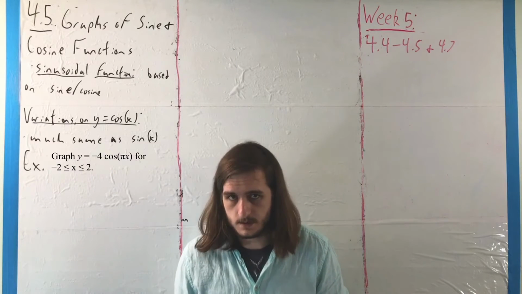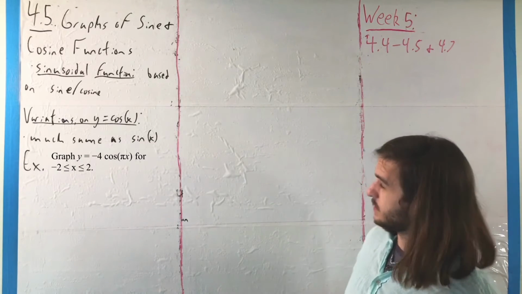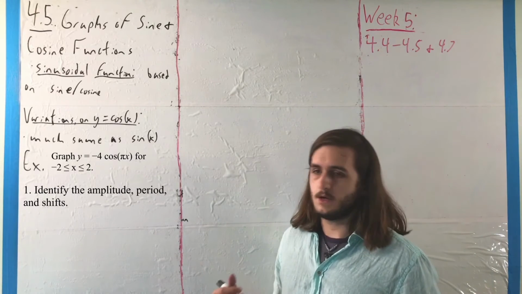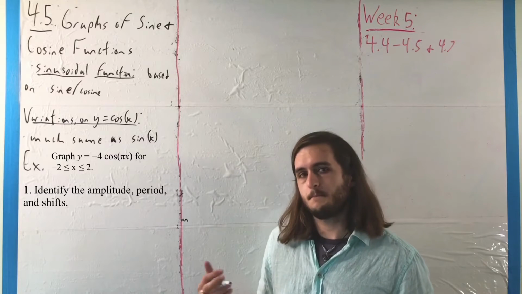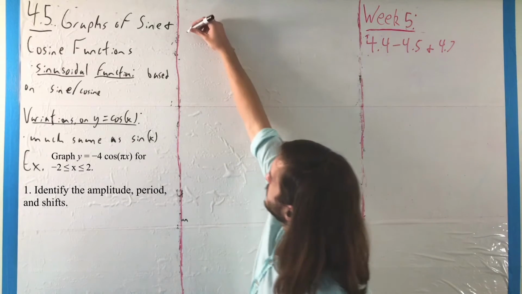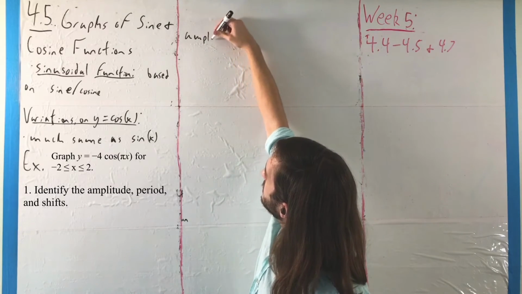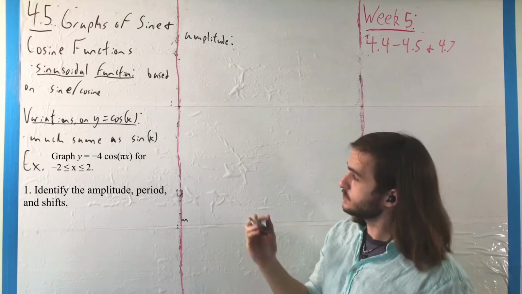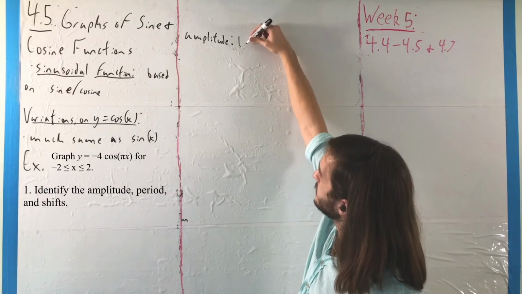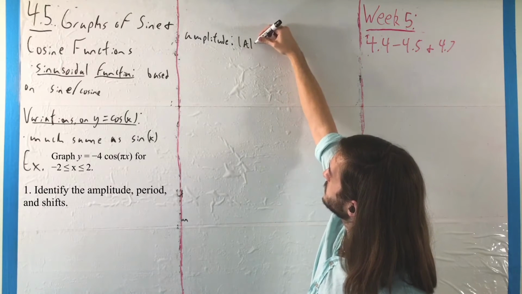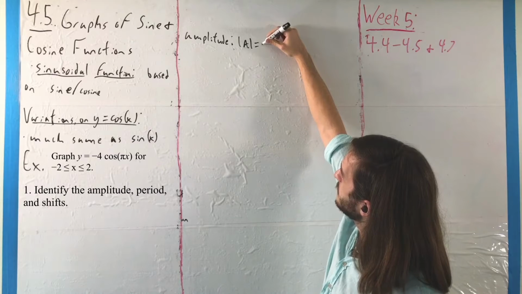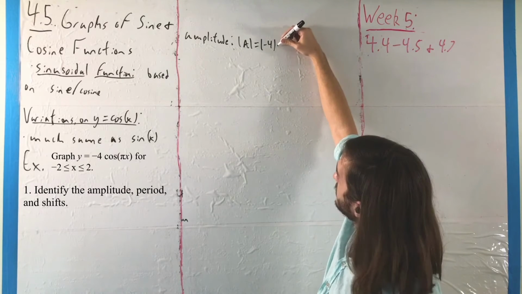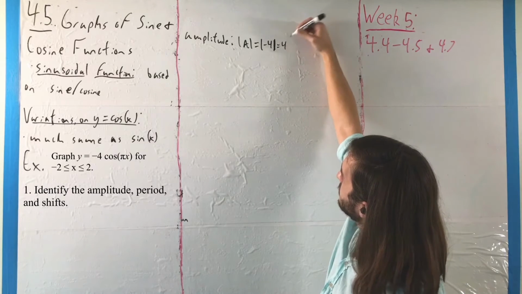So for this, we're still going to follow the same general process. We still need to figure out if there are any shifts and what happens with the period and amplitude. So for our amplitude, we're still looking at that constant multiple attached to the outside, that value a, which in this case is the absolute value of negative 4, or 4.